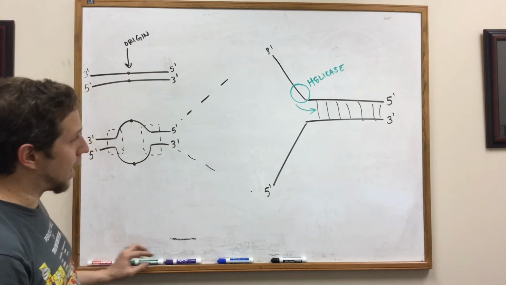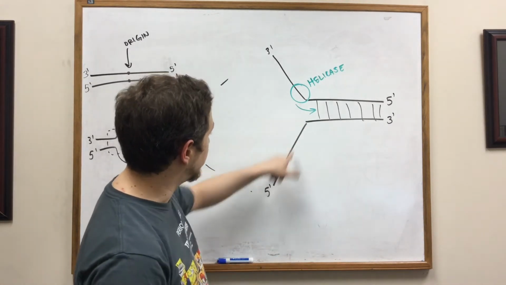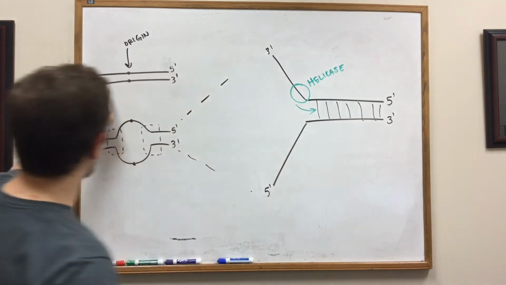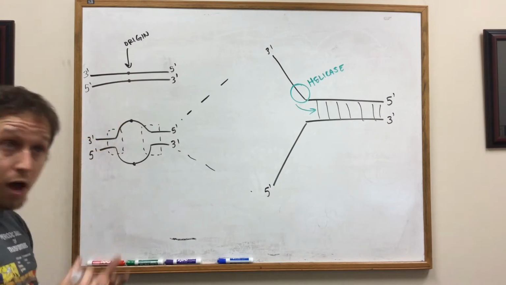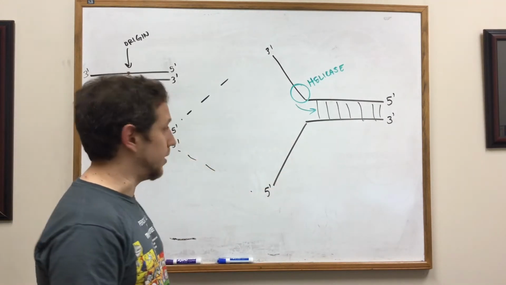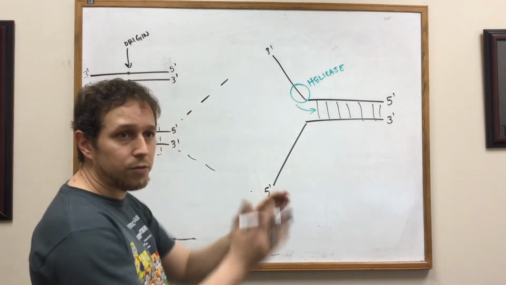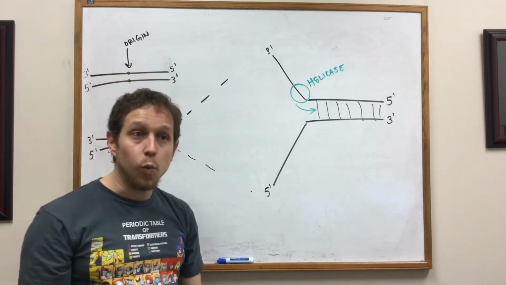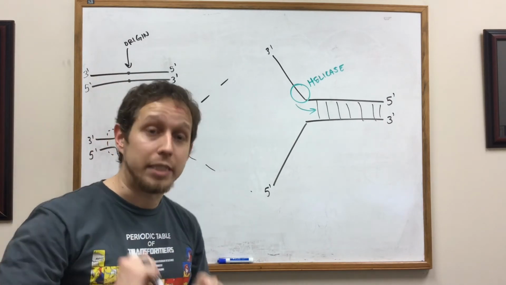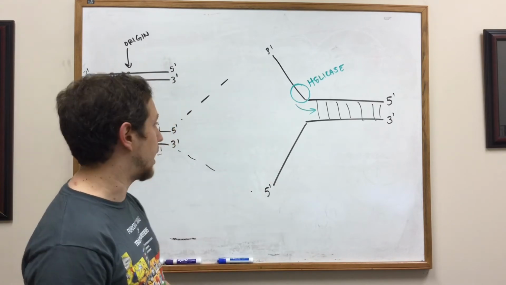Now, a couple of other things happen as we unzip this helix. First and foremost, we have these two strands that originally were associated with one another through hydrogen bonds. The problem right now is if this strand comes in too close a contact with this other strand, they could reform those hydrogen bonds. And we don't want that because that's going to slow down our ability to duplicate each of these strands.